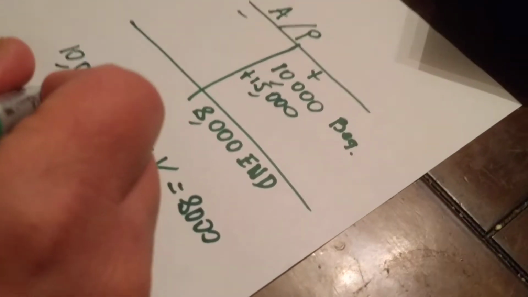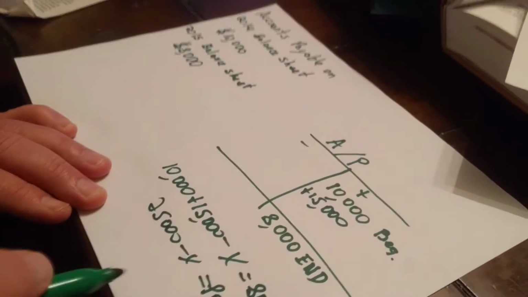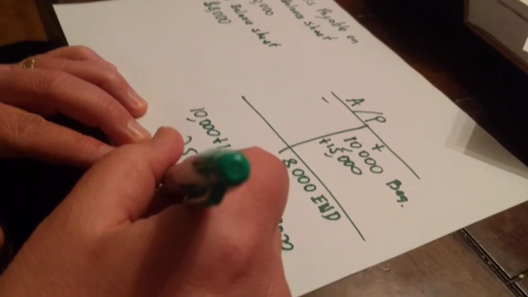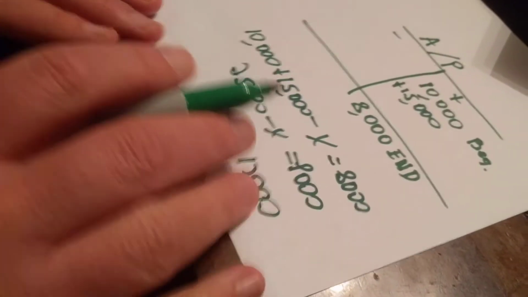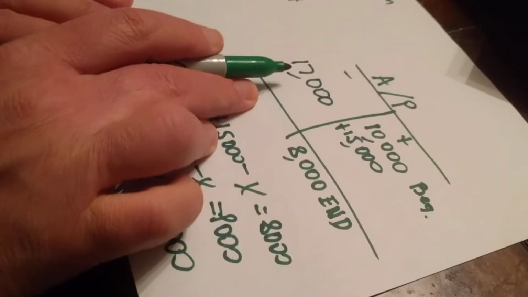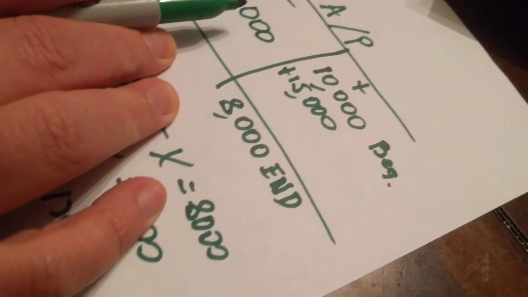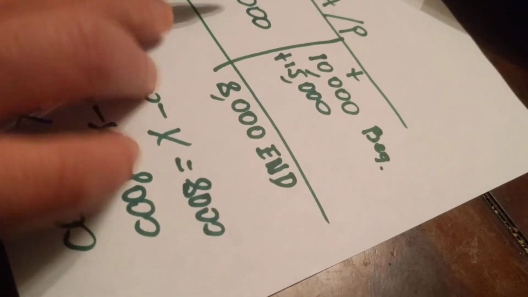So we end up with 25,000 minus X equals 8,000. So X equals 17,000. Anything on this side has to represent the amount that was paid on accounts payable. So this is the actual cash that was paid to suppliers.